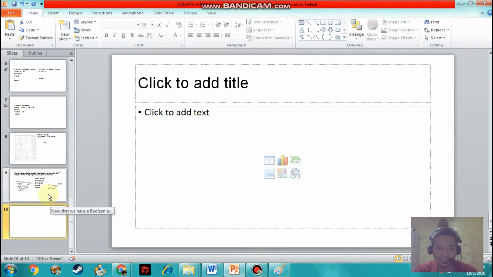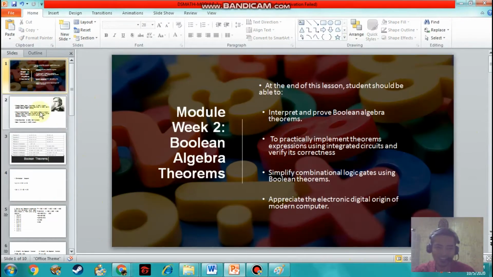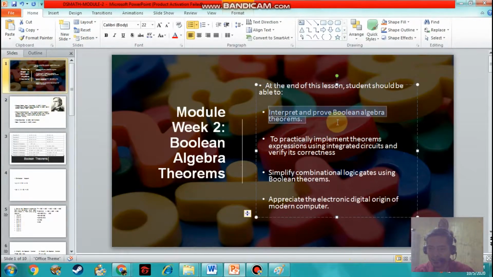So, I think, dyan muna. Tapos na yung ating second module. No? So, na-cover natin, interpret natin yung mga theorems, diniscuss natin paano na-prove. Tapos, na-verify natin, no? Using the integrated circuits, yung combination of logic gates kanina.